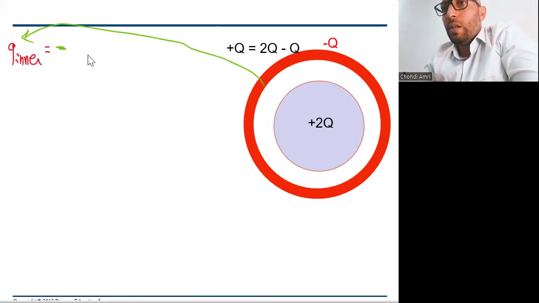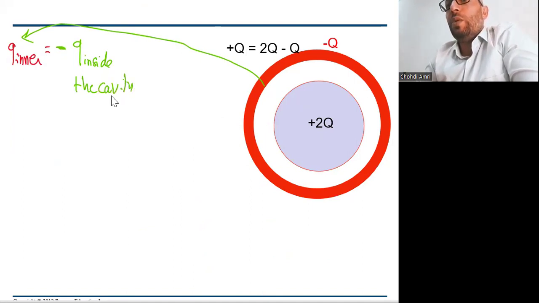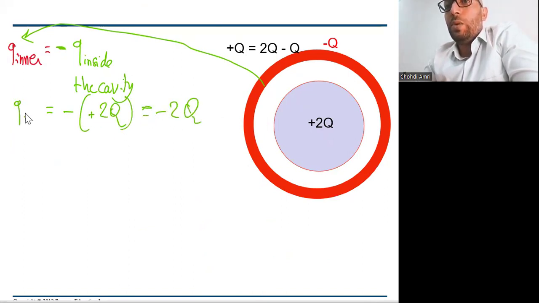It will be minus the charge inside the cavity. Inside the cavity we have plus 2Q, so it's minus 2Q. So this is Q inner.